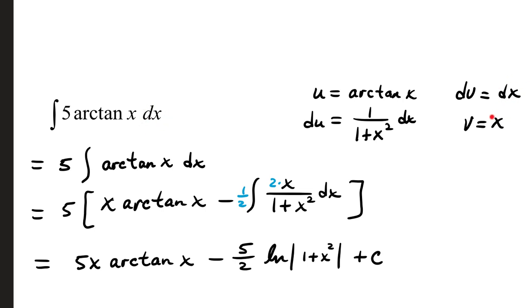Its antiderivative is x. U times v, that's x arctangent of x, minus the integral of v du, so that's x times 1 over 1 plus x squared. That's the black ink. We have almost a denominator whose derivative is on top. This denominator has a derivative of 2x.